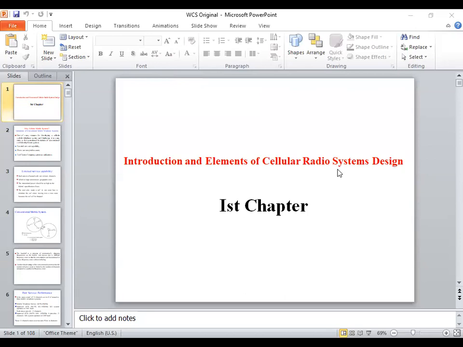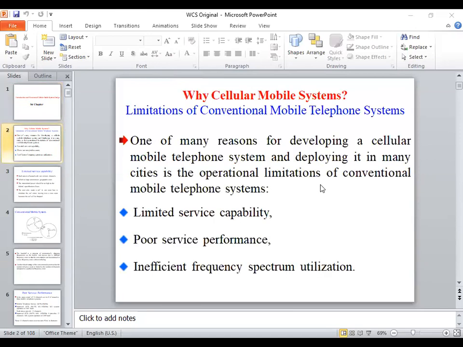Okay. So in this chapter, now I am going to the next slide. In this chapter, I will teach you the first topic, that is why cellular mobile systems. Why we need cellular mobile systems in our life.